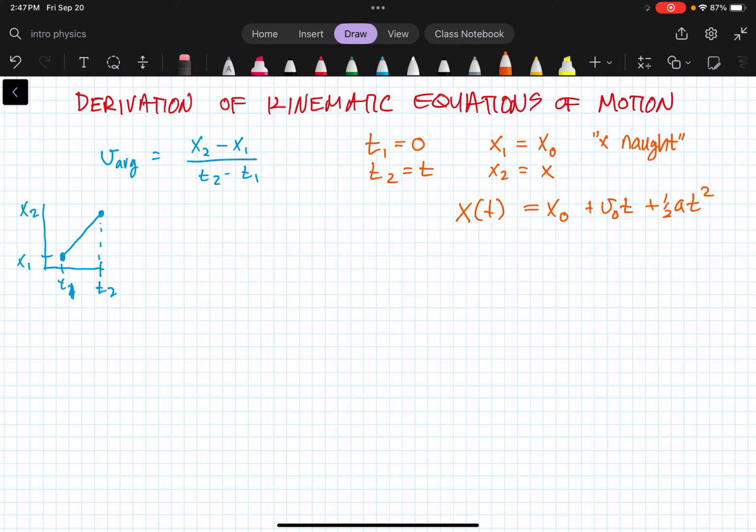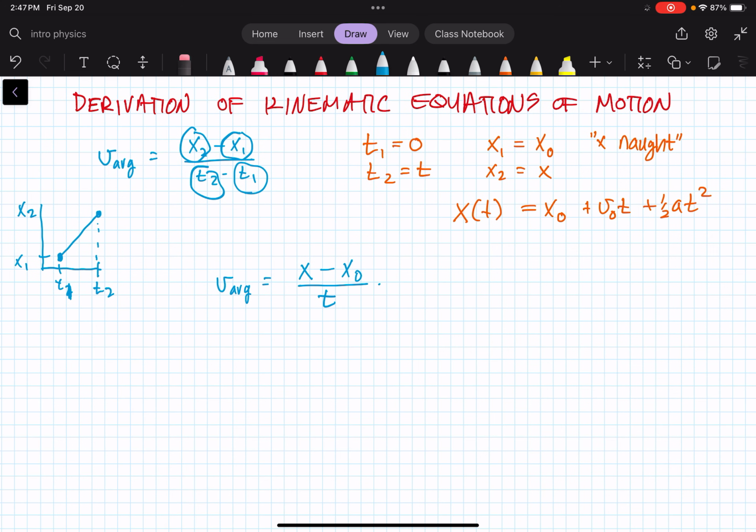So we have this expression for the average velocity. Let's rewrite this as v average is equal to x minus x naught over t. That's because x2 is our x, x1 is our x naught, t2 is our t, and of course t1 is equal to 0.